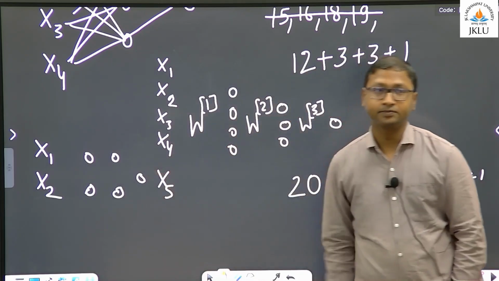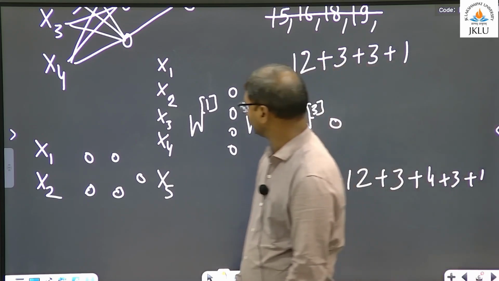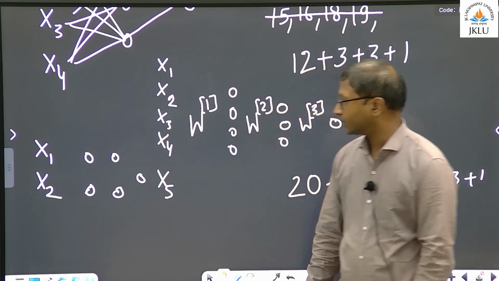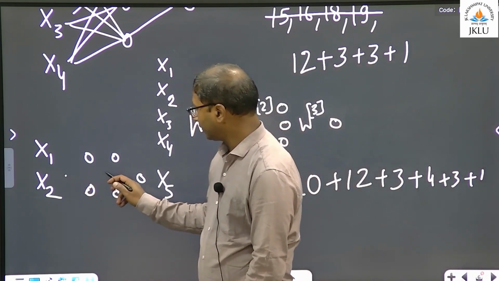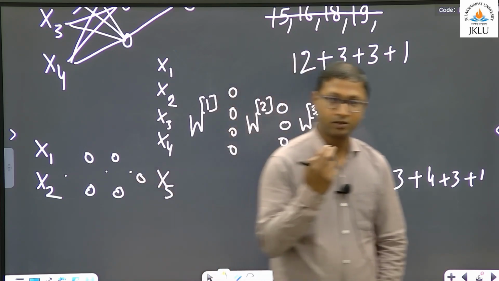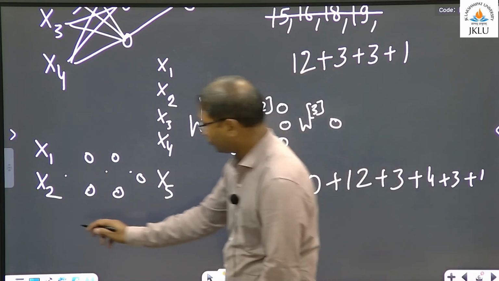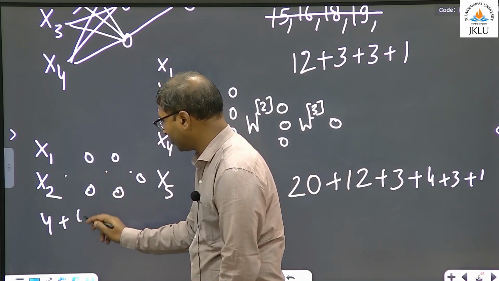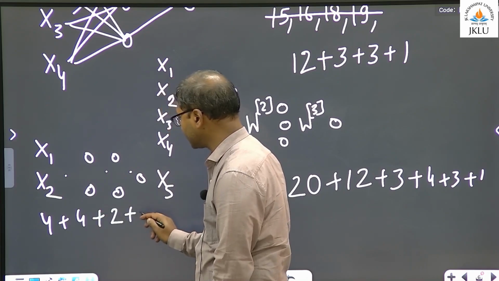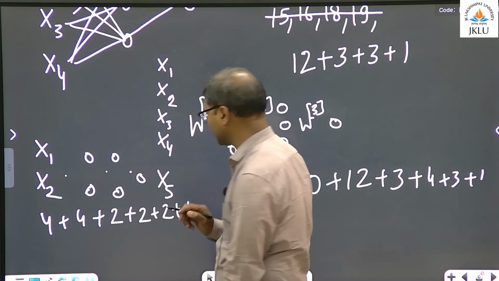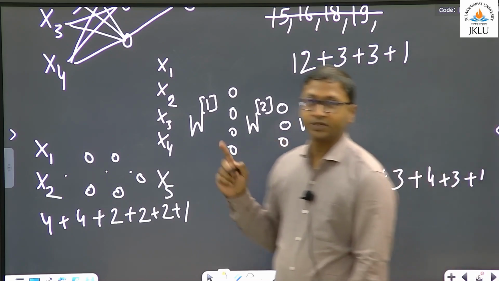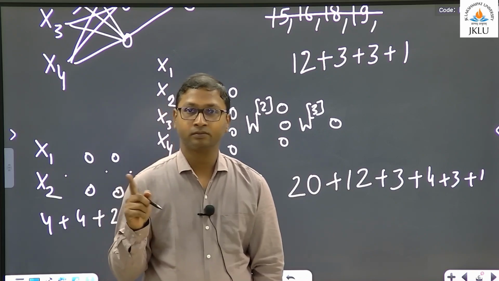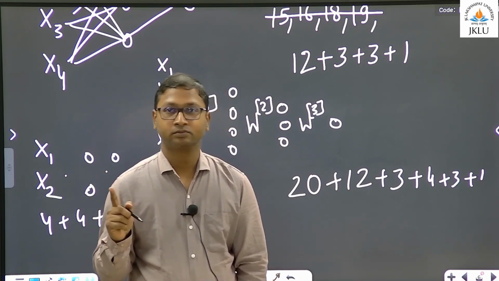How many parameters here? W1, W2, W3. W1 size is 2 cross 2. So 4 plus 4 plus 2 plus 2 plus 2 plus 1. Anybody who still does not know how to compute, raise your hands. Everybody can? Okay.